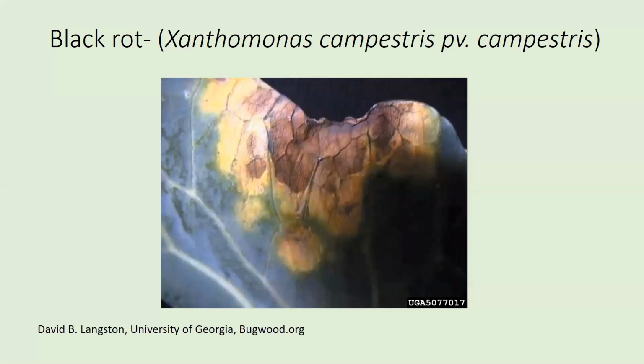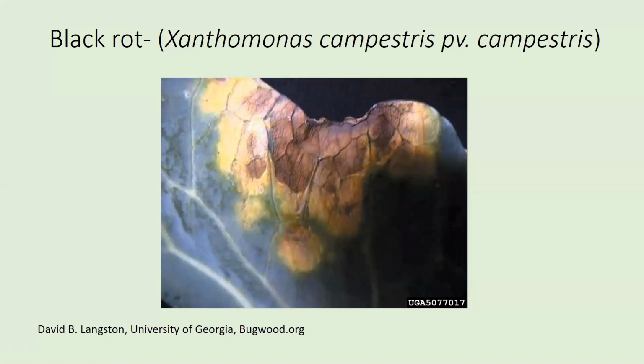Black rot, yeah, we see this a whole lot in cabbage and in broccoli and cauliflower. This one has the yellow to brown V-shaped spots that start on the leaves. So if you look right here, you kind of see that V that's going on. This is also a seed-borne disease.